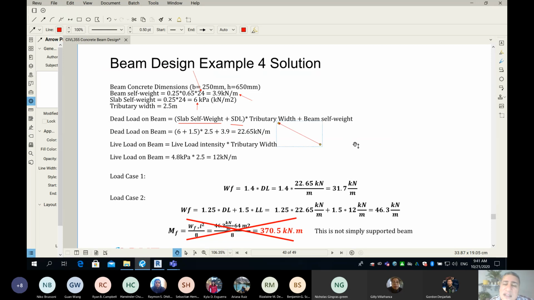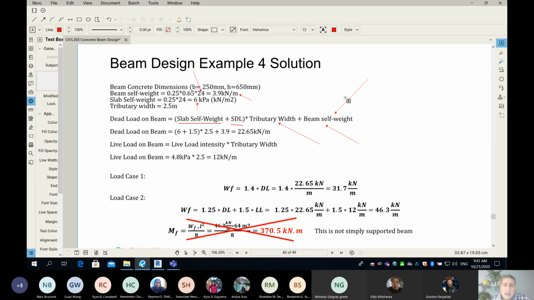Then finally, we add to that the beam self weight. And please look at this, never, ever, ever, and I'll write it here for your notes: do not multiply by trip width.